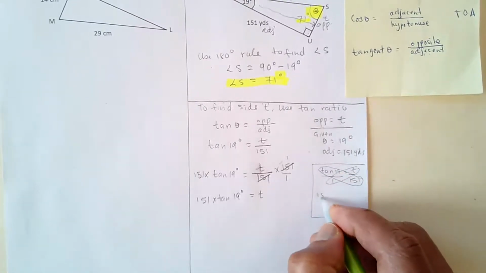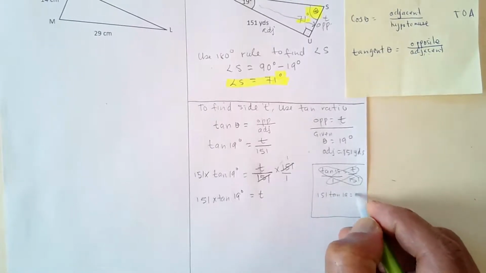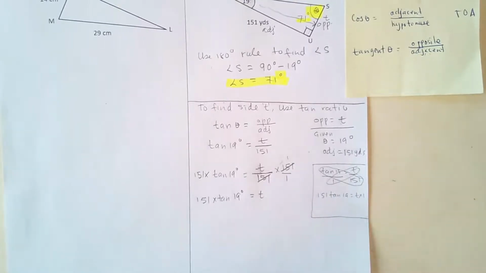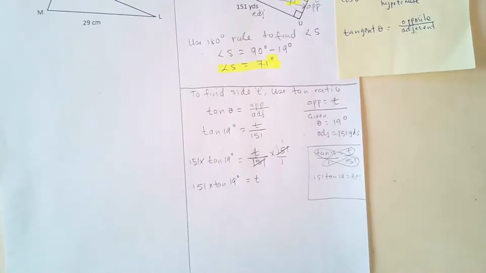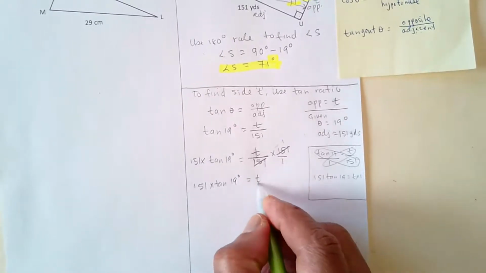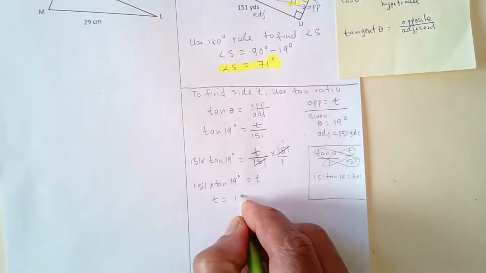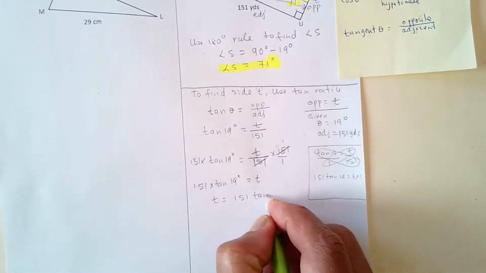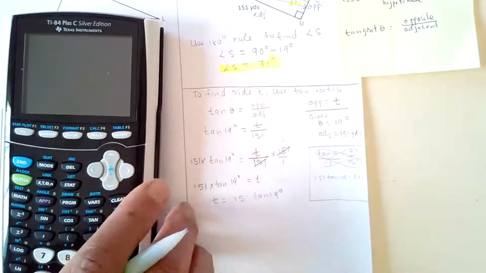So you have 151 tan 19 is equal to T times 1. And you'll end up with the same result. Well, this is the mathematical logic behind it. So now we have T, and if you don't like T on the right side, switch it over. So T is equal to 151 tan 19 degrees. So let's work that out in the calculator.